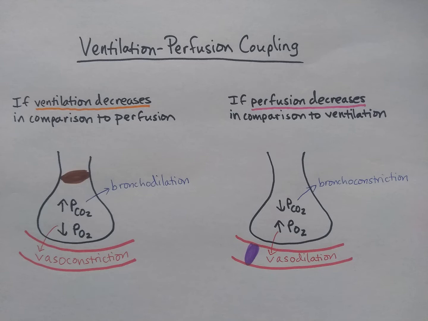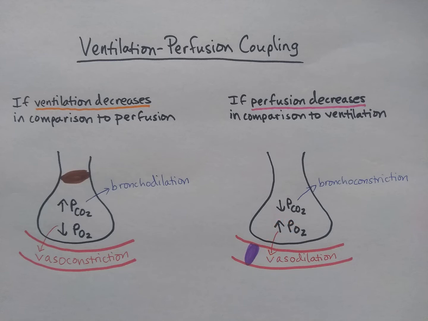So if blood is not coming in, we're not going to be dropping off CO2, so CO2 levels will be low in the alveolus. And then also, we're not going to be taking away the oxygen because the blood is not flowing through here, so the oxygen levels will rise.